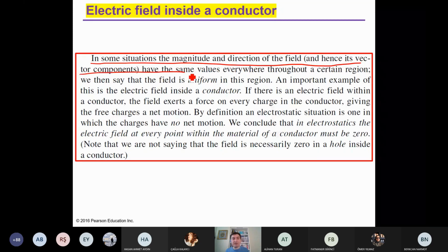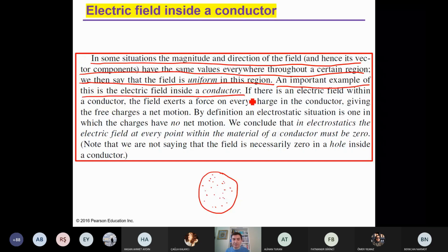We then say that the field is uniform in this region. An important example of this is the electric field inside a conductor. Okay, so if this is a conducting sphere, for example, within this metal, everywhere, the electric field is uniform and zero. Okay, don't forget this one.